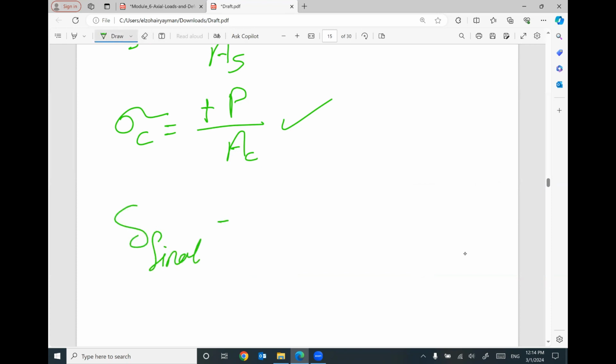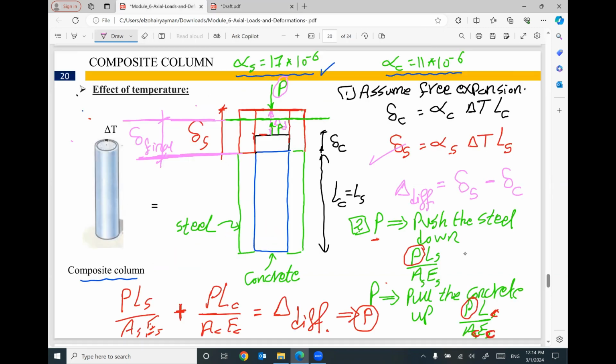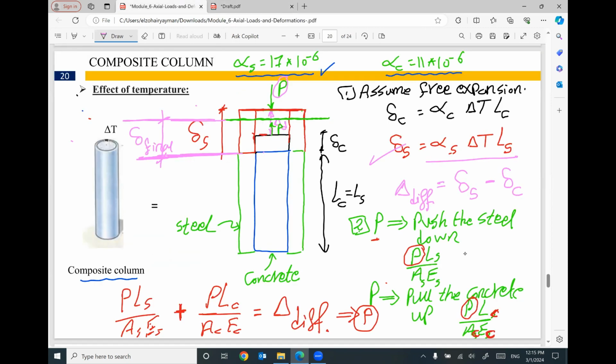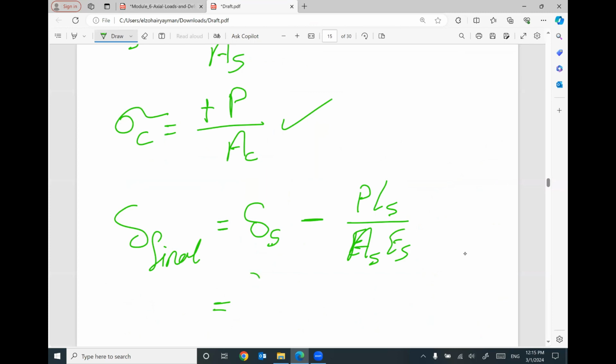elongation in the composite column will equal the original elongation in steel, which was free, which equals alpha delta T L steel, minus the amount that the steel returned back due to the effect of P. So minus P L steel divided by area steel E steel, or equal the free elongation of concrete plus the amount of elongation of concrete due to the applied force P. So delta concrete plus P L concrete over area concrete E concrete.